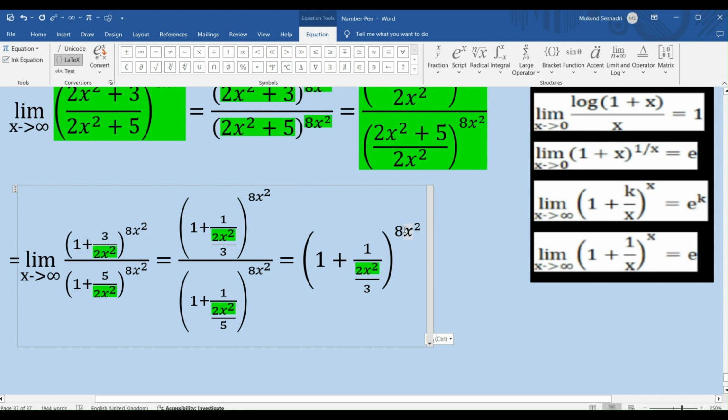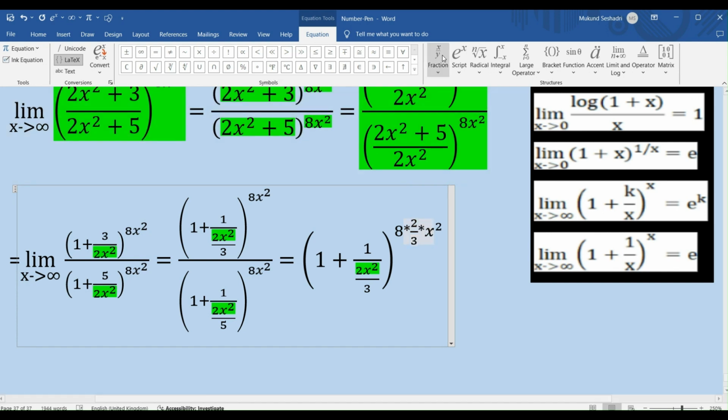I'm going to rewrite this as 2 by 3, and again I do a 3 by 2.